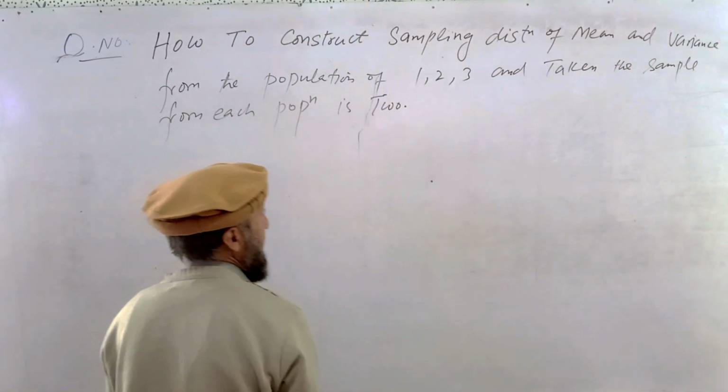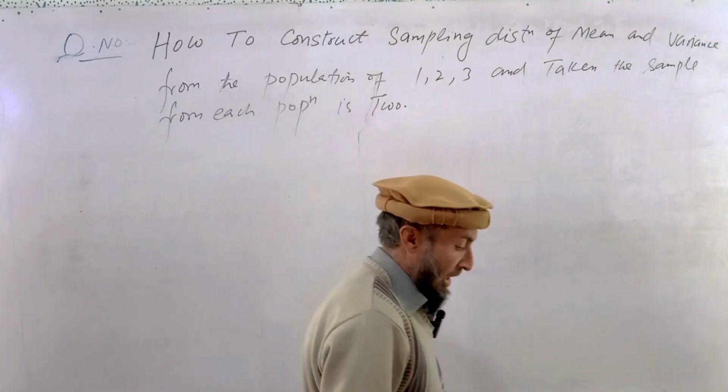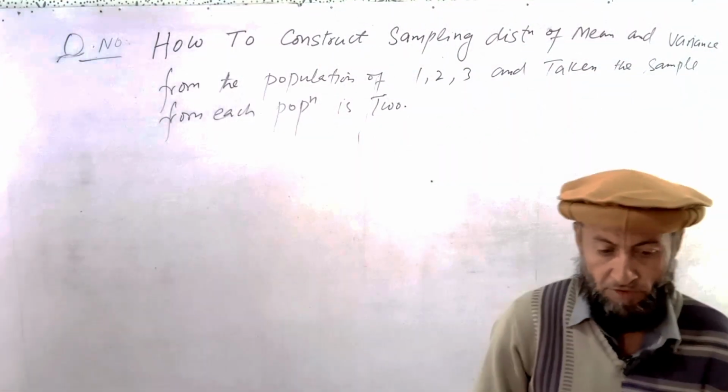How can we construct the sampling distribution of sample mean and sample variance?